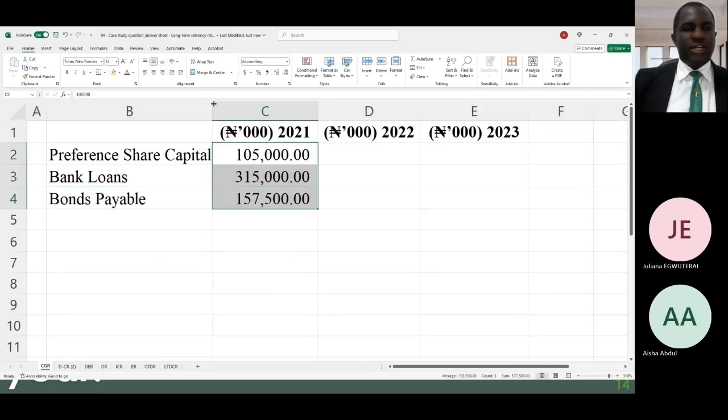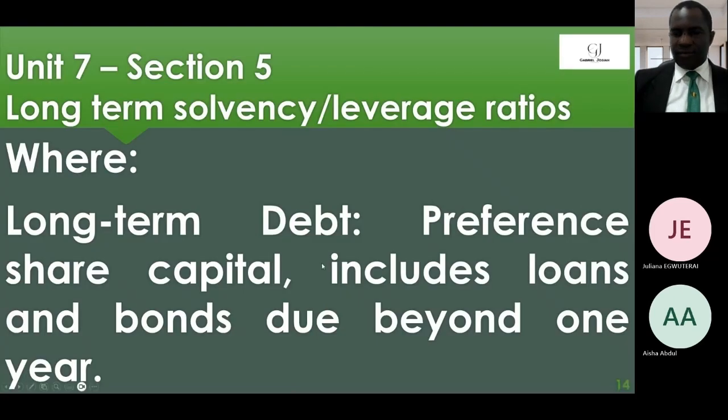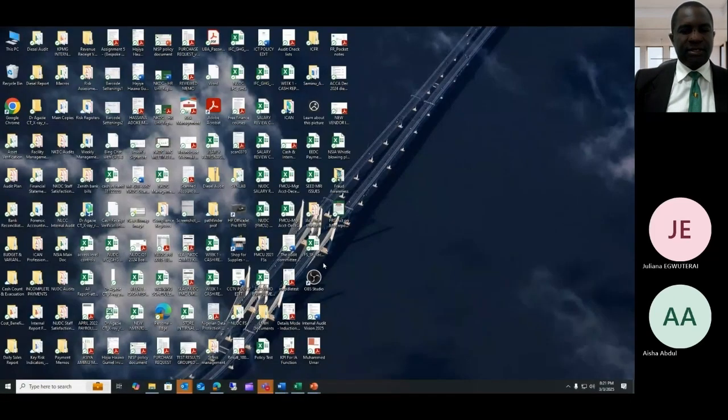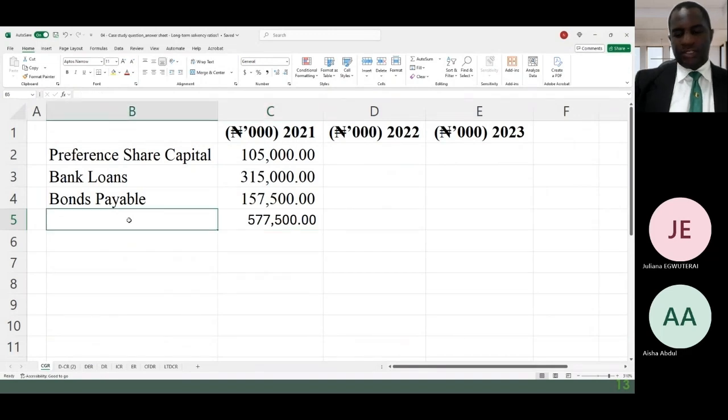Okay, so based on our formula, we have our long-term debt. We have it as 577,500,000.